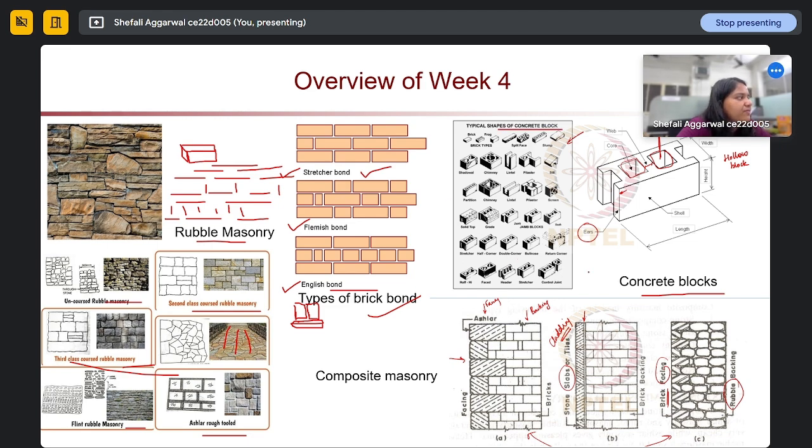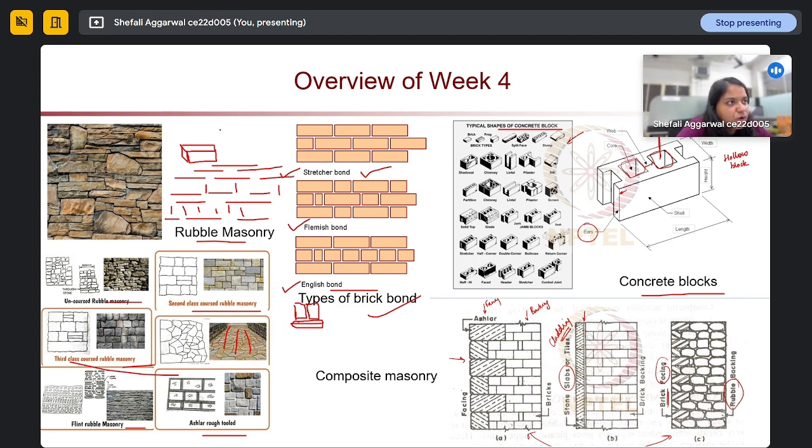If we see a normal concrete block and a hollow concrete block, why are we providing a hollow concrete block? First, it will reduce the weight of the complete structure. Second, the mortar filled in it will have a good bonding with the other material.